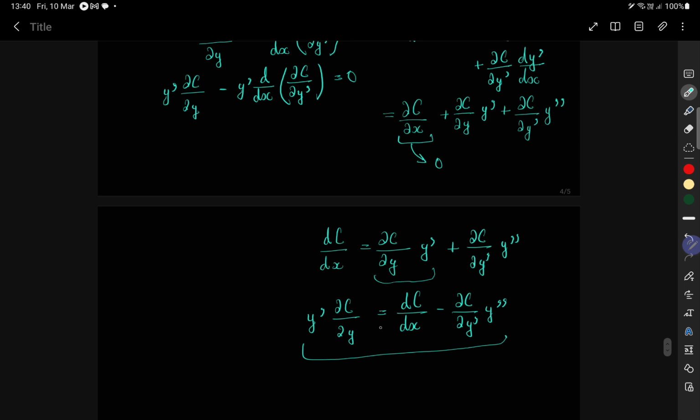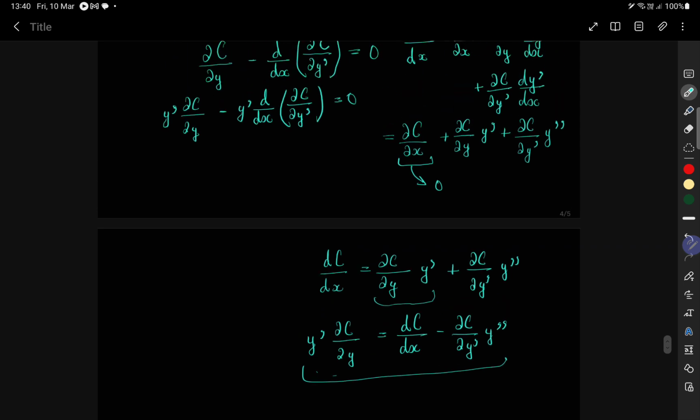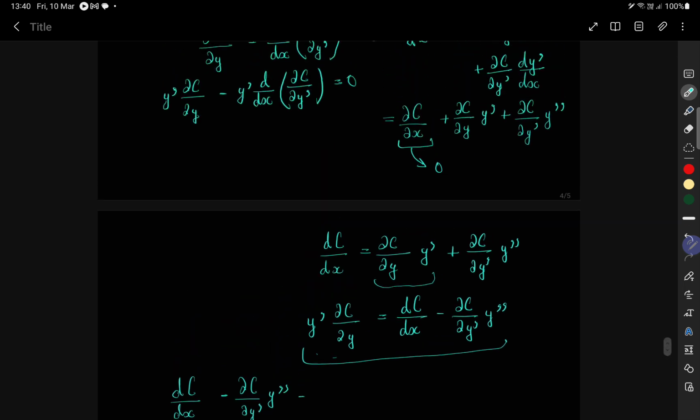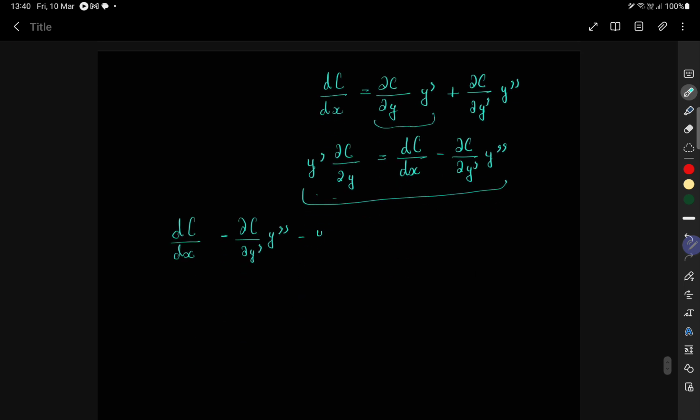Now we substitute what we found for y prime times partial c by partial y back over here. So we get dc by dx minus partial c by partial y prime times y double prime minus y prime d by dx of partial c by partial y prime should equal 0.